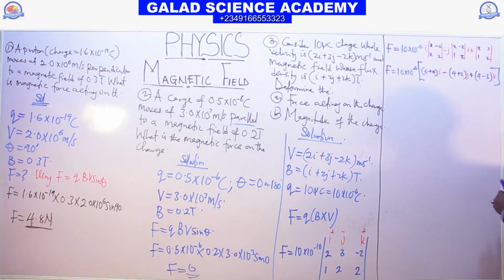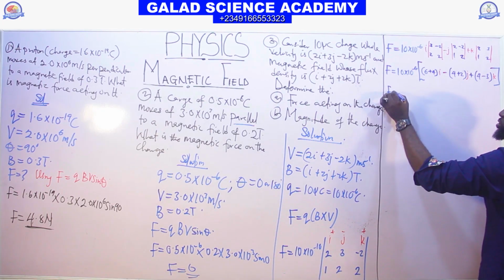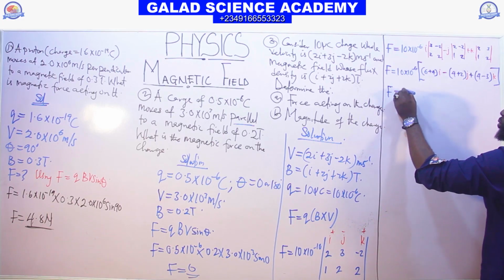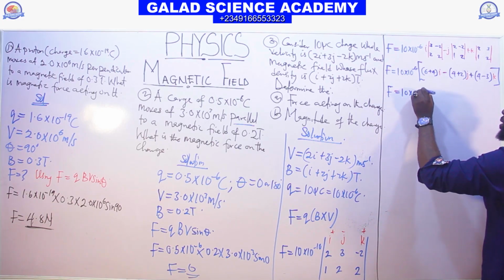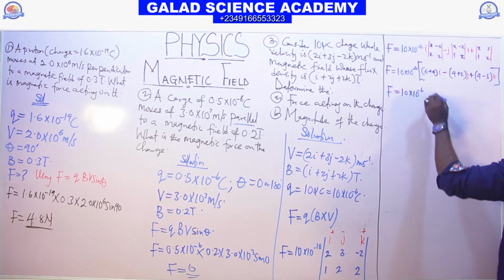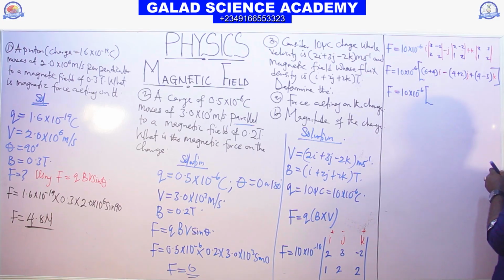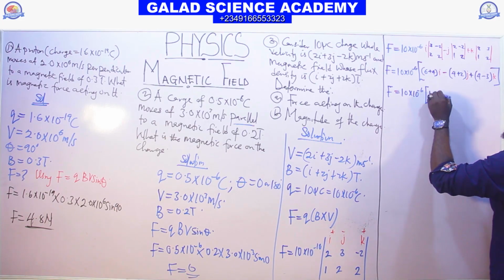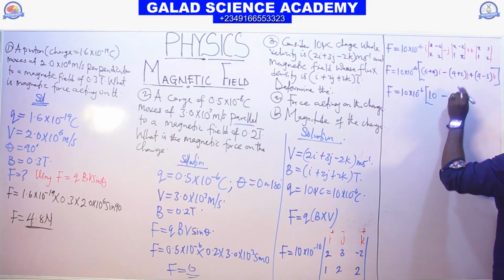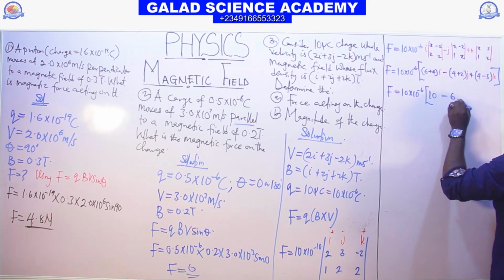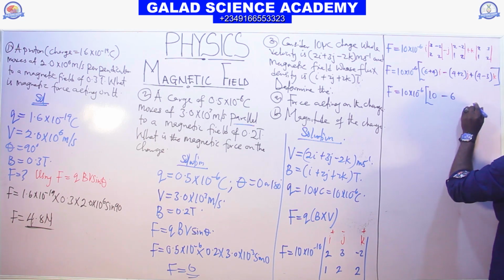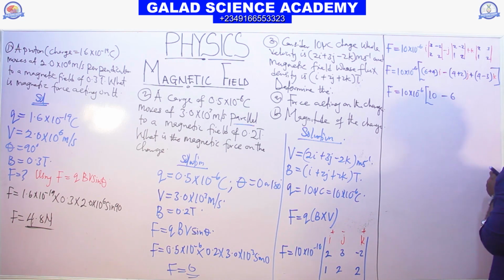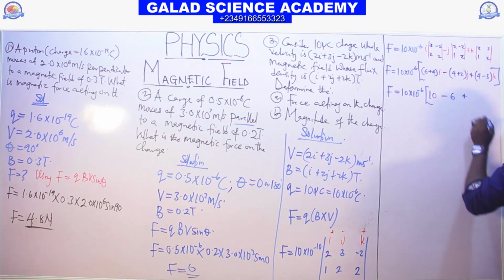By doing that, we have force equal to 10 multiplied by 10 raised to the power minus 6 into this. There are 2 times this, 10 plus this, we have 10i. Minus this will give us 6j, and this gives us plus k.